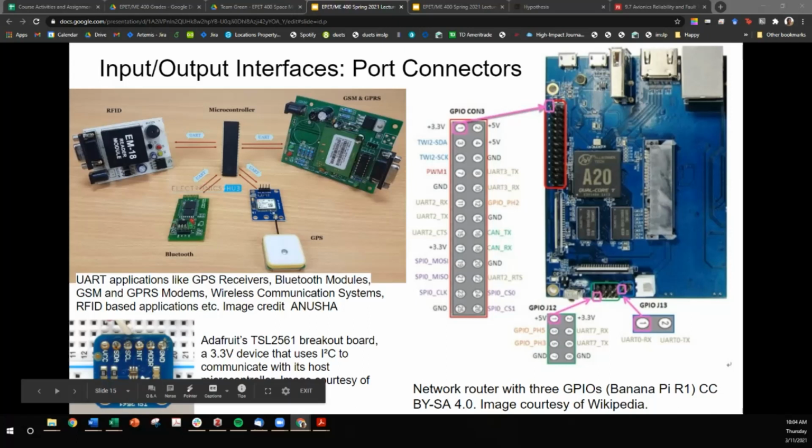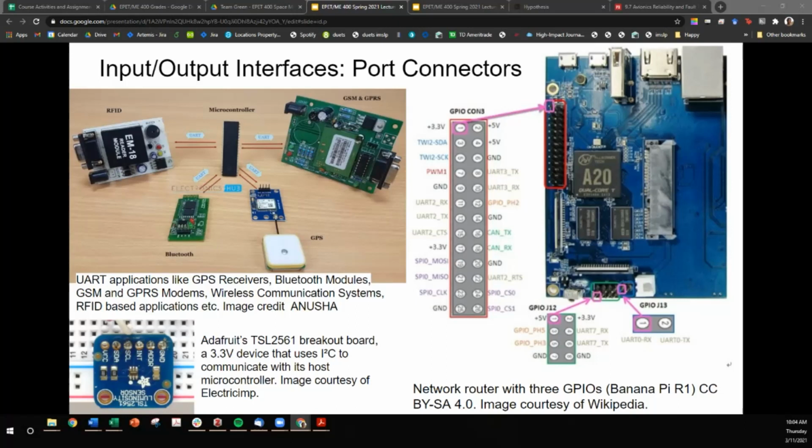So in the textbook, there are just a list of different connections like GPIO, general purpose input-output, which you can see here on this board. The pins can be broken out to be a bunch of different types of signals that you can connect to and typically are listed in data sheets.